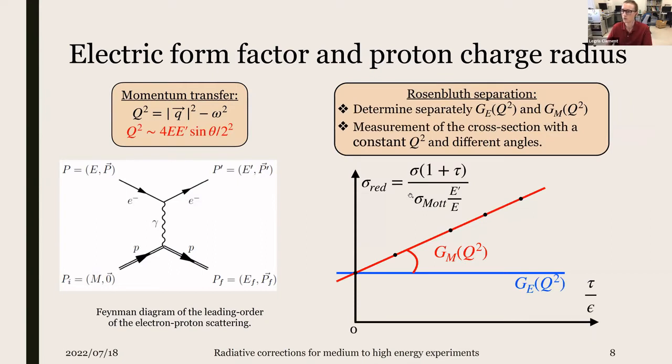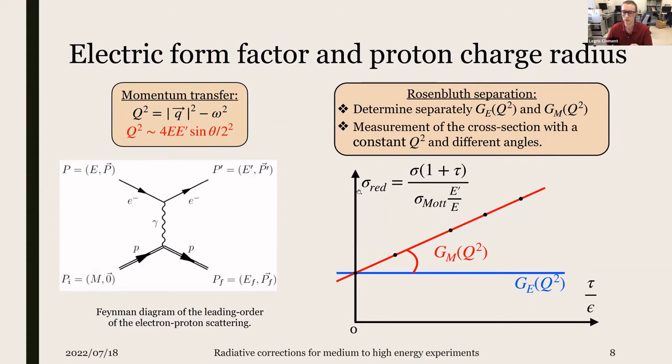But when we do the measurement, we actually measure the cross section. So we have a mixture of the electric and magnetic form factors. In the ULQ2 experiment, we'll be carrying out the Rosenbluth separation to determine separately the electric and magnetic form factors.